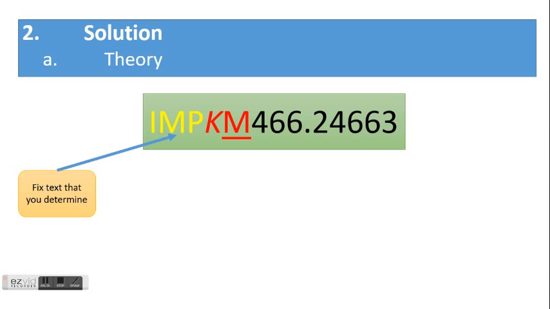You can maybe even have two fixed letters in your fixed text. I prefer three because in our cases, three letters are more descriptive in many cases. It can even be two letters if you understand whatever you mean. So the fixed text is the first section.